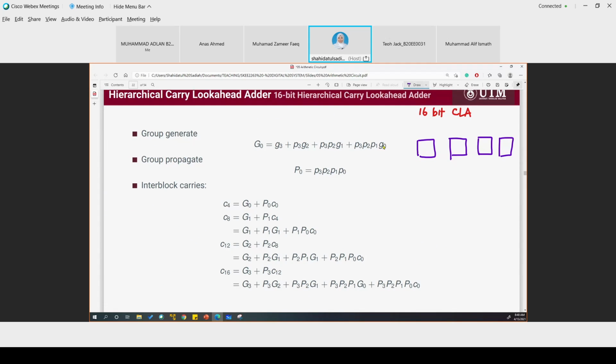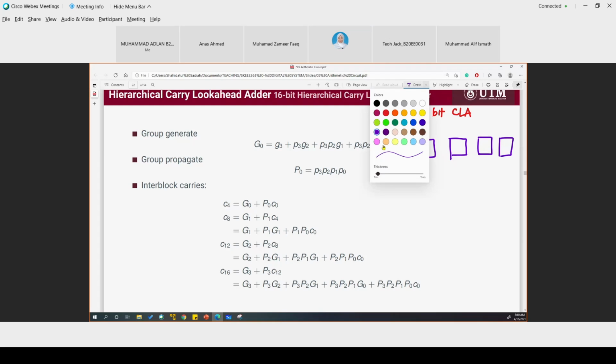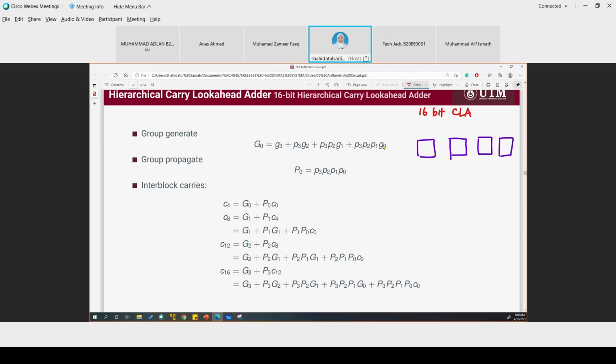But if we cascade it like this, the problem is we have to wait for the carry to ripple. And what are the carries that ripple here? It's C4, because there are 4 bits inside this, C8, C12, 4-bit, 4-bit, 4-bit, 4-bit, and C16 here.